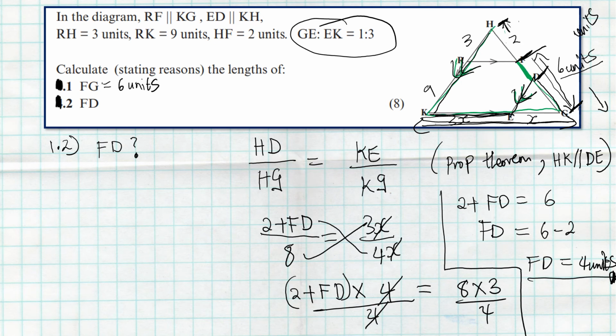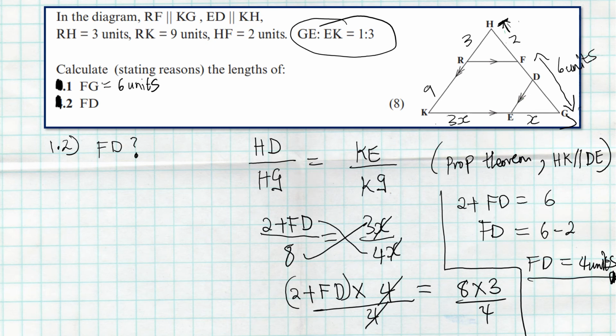And how did we solve it? Let me just repeat this because this was kind of a tricky question, and you really need to understand how we approach this. The question wanted FD, but because we can see that there are lines drawn parallel to a side of a triangle, we need to think of the proportionality theorem.